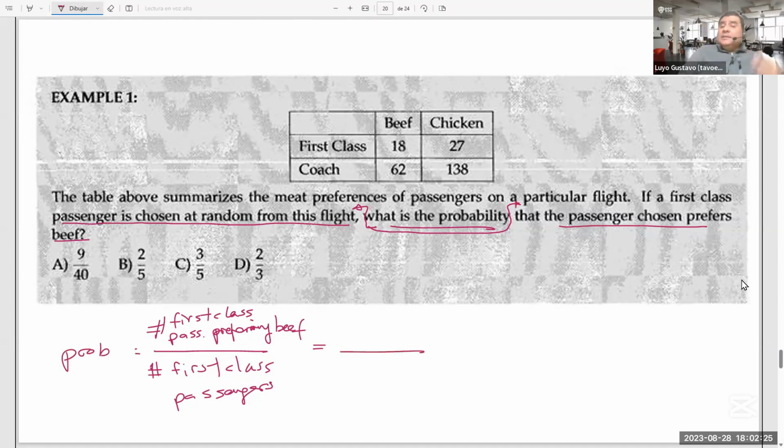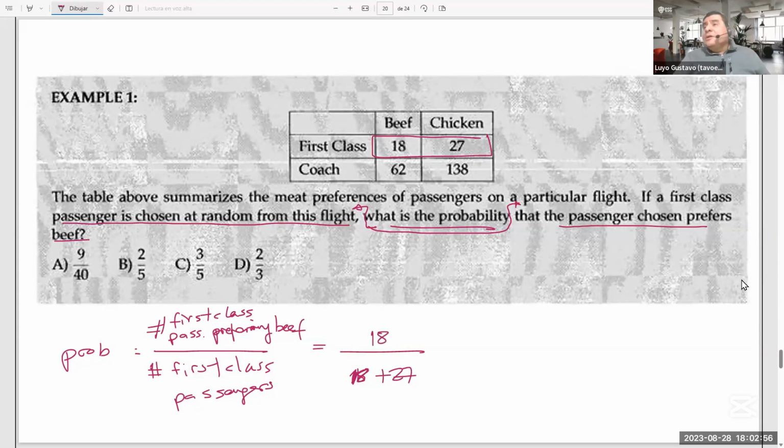Okay, in the denominator, we would have to place the total number of people in first class. So 18 plus 27. And what is in the numerator? The numerator would be only those first class passengers that prefer beef. So those are 18, right?